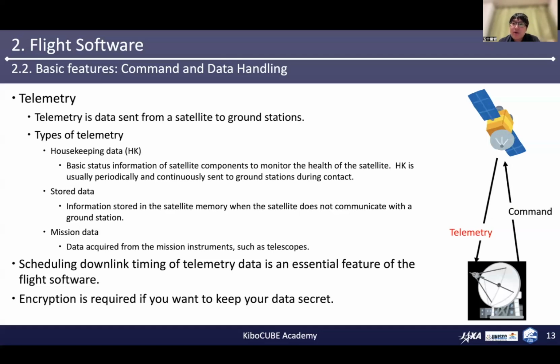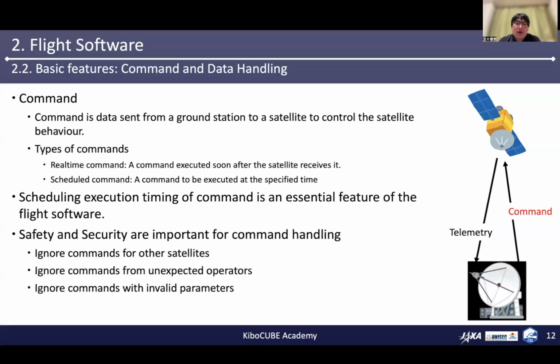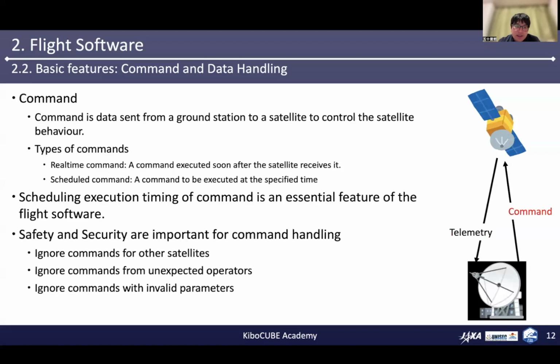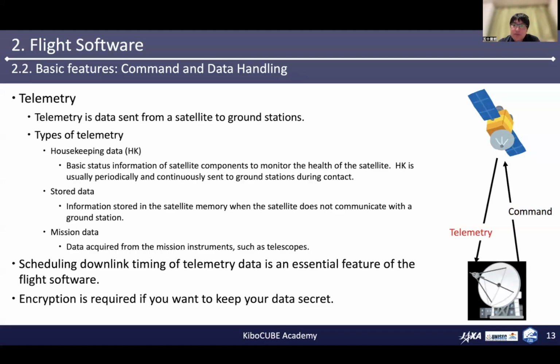And similar to the command, encryption is required if you want to keep your data secret. So these basic features, the command and telemetry, are very important for the flight software. And these days, security, safety, and encryption are also important to consider for the command and telemetry.